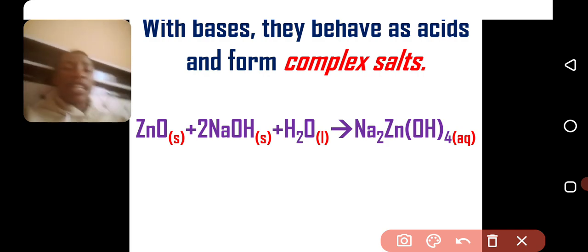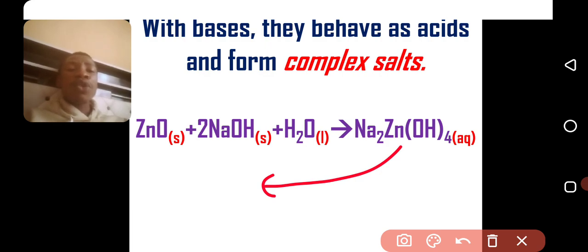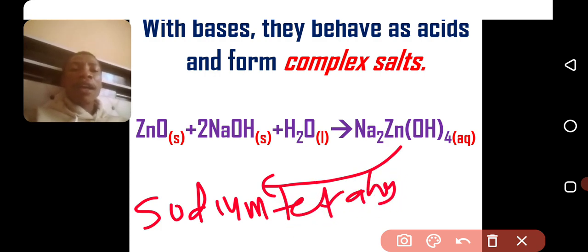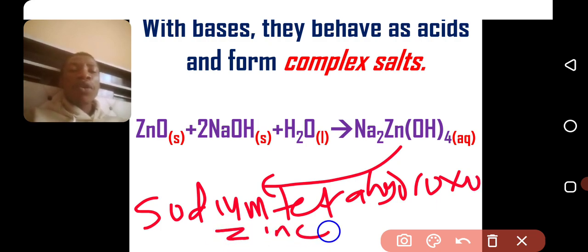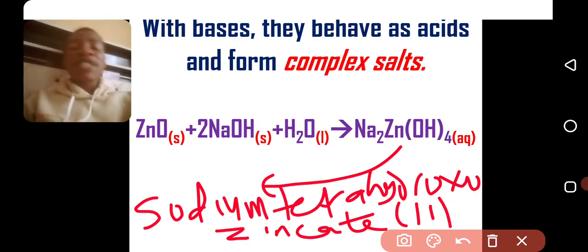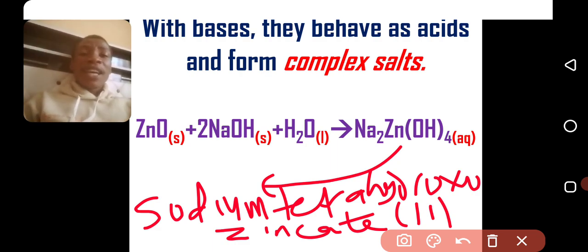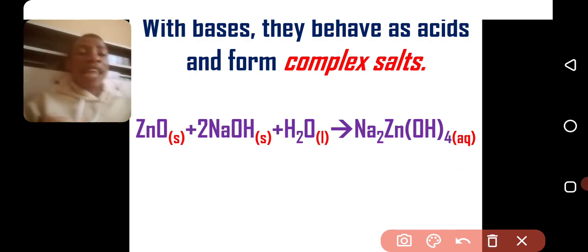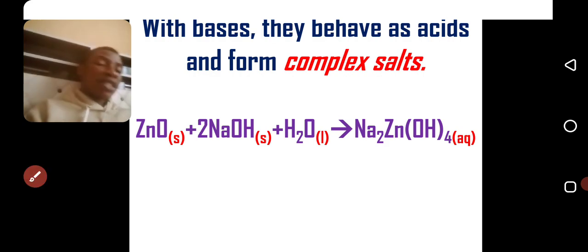This compound is called sodium tetrahydroxozincate 2 salt. It's a complex salt. That's what happens when zinc oxide reacts with alkalis in the presence of water, or any amphoteric oxide whatsoever. That's what they form.